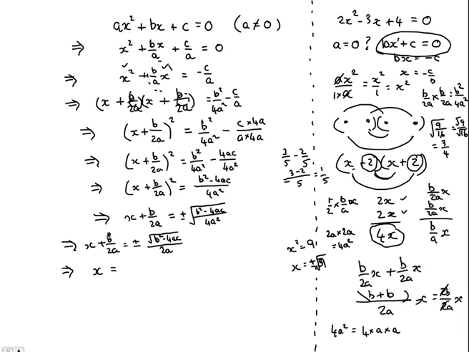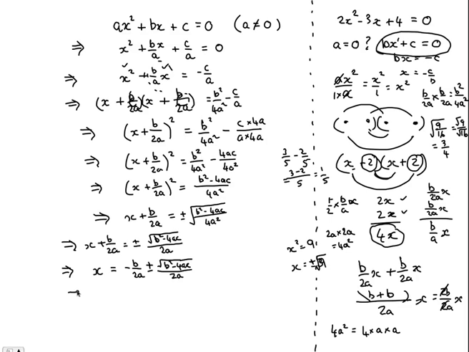In this case we'll subtract b over 2a from both sides. We subtract it from the left-hand side, that disappears. Subtract it from the right side, and let's put that at the front. Subtracting b over 2a, and then adding or subtracting the fraction square root of b squared minus 4ac all over 2a.